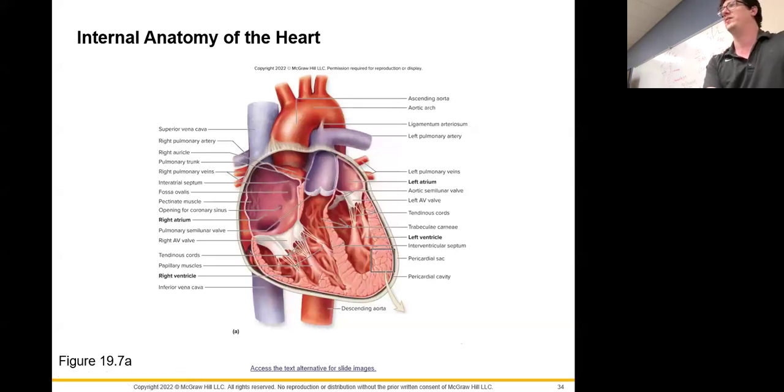We're going to call these the papillary muscles. These are basically here to open and close the valves. So say we need to open this valve so that we can allow blood to flow from the right atrium into the right ventricle. Then these papillary muscles can contract and open the valves to make sure that blood can pass through and drain into the right ventricles. And the same thing is going to happen over here on this side as well.